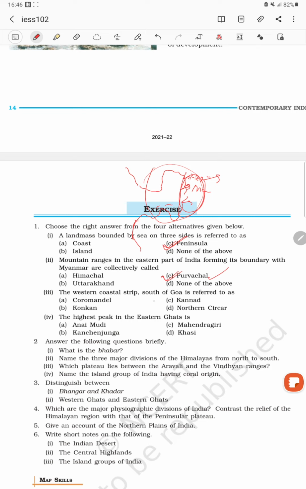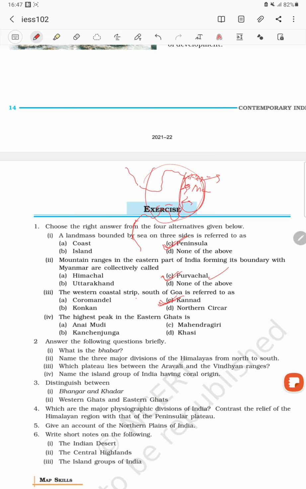The western coastal strip south of Goa is referred to as what? Karnad. I already explained today. All the three parts of the western coastal plain, I already explained.